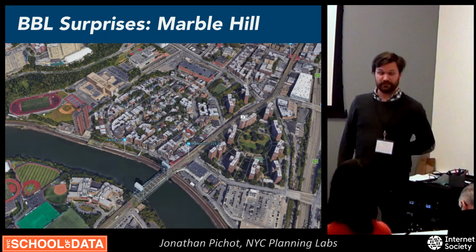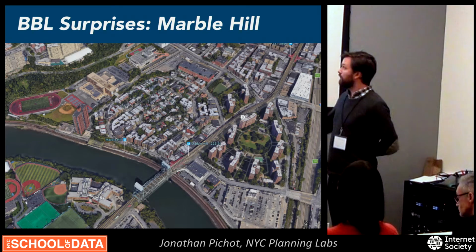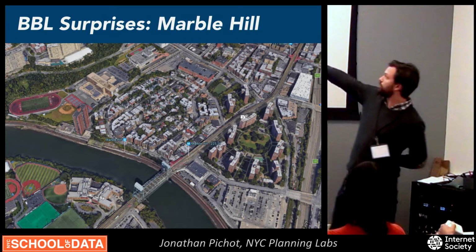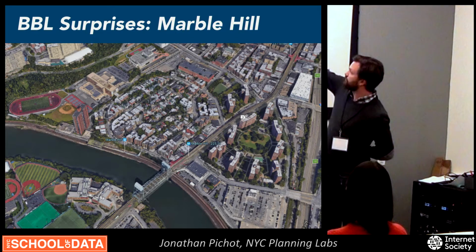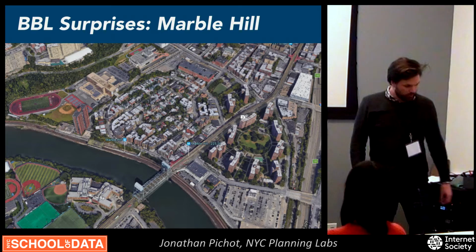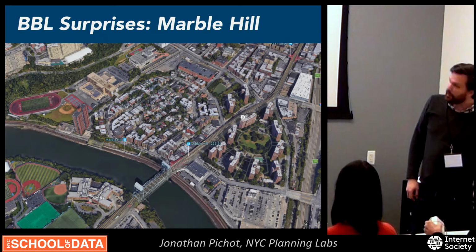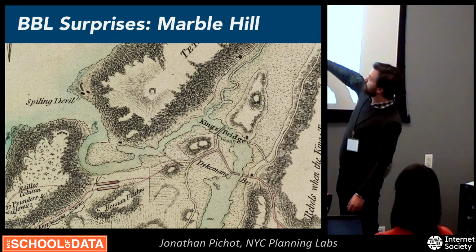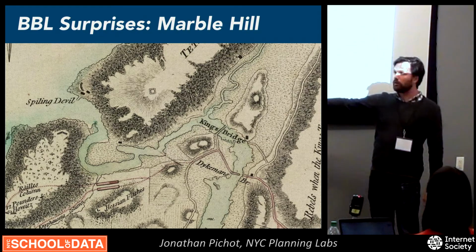Let's talk about the surprise. So another surprise in BBLs is this neighborhood called Marble Hill in the Bronx. And it's a particular little configuration there, right on the southern tip. But in fact, Marble Hill used to be part of the island of Manhattan.